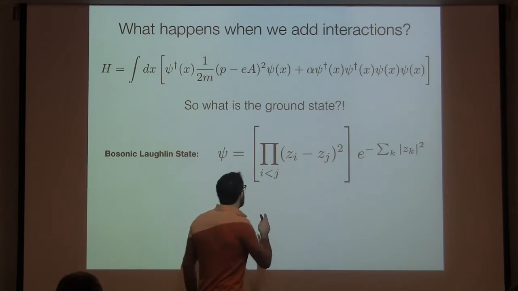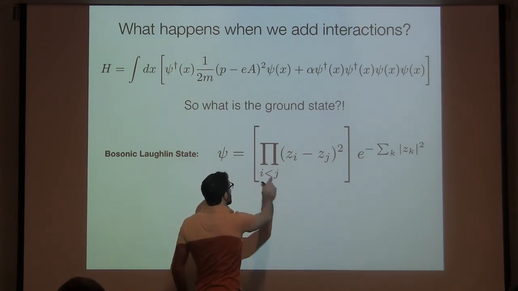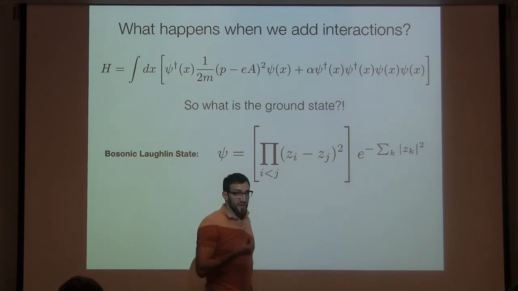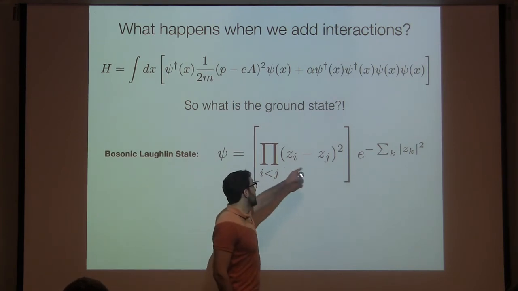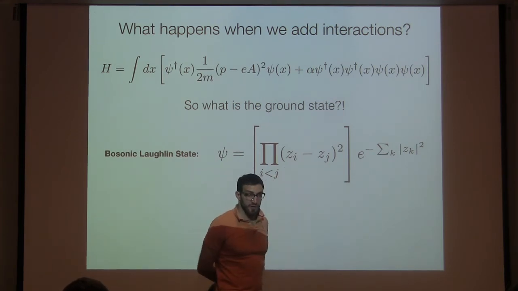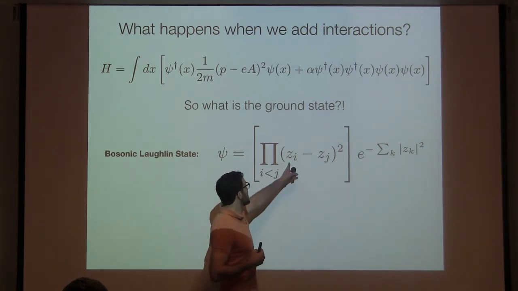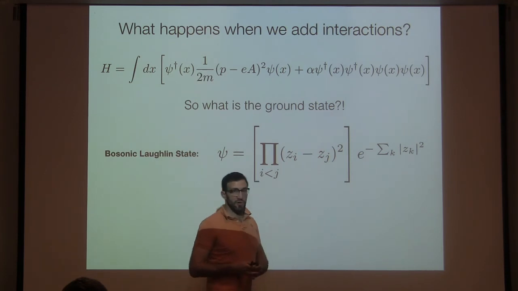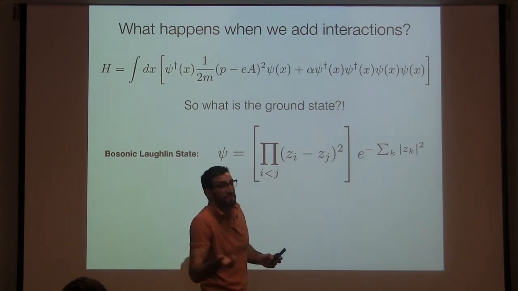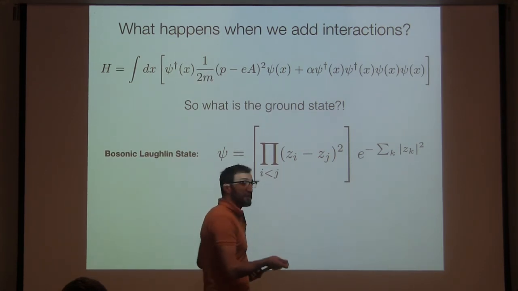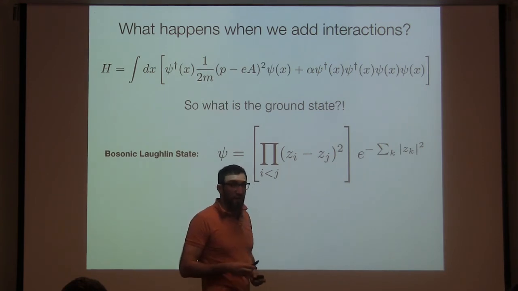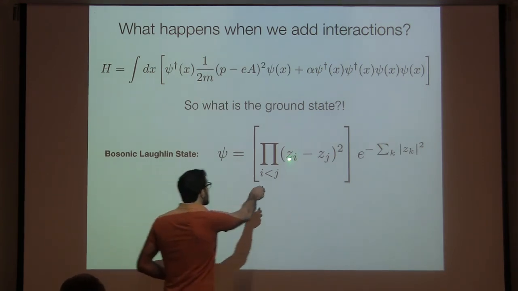This piece is a product over all i and j of zi minus zj squared. So if there were only two particles in the system, this would just be z1 minus z2 squared, where z1 is the position of the first photon in this case, and z2 is the position of the second photon. So what are the terms that we would get out?